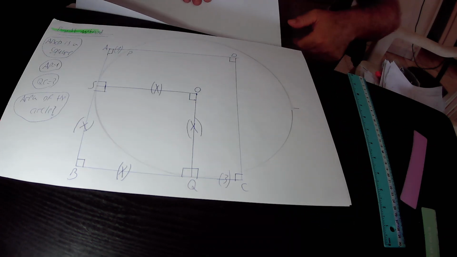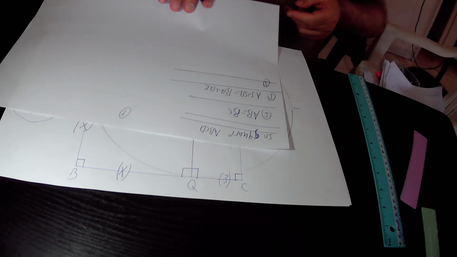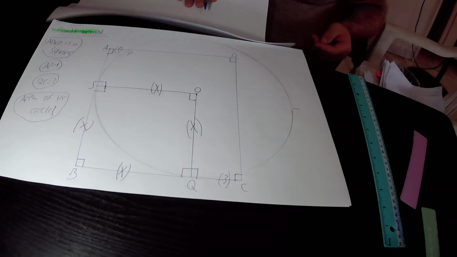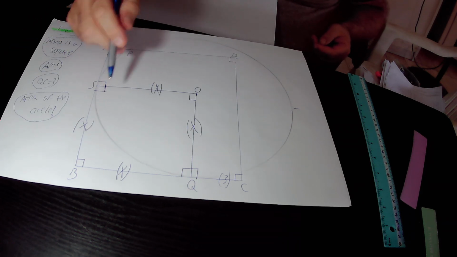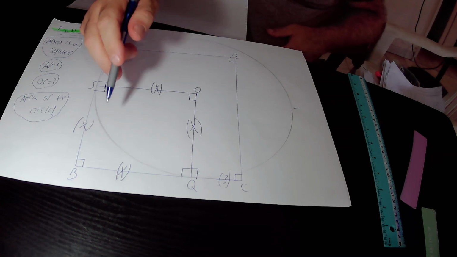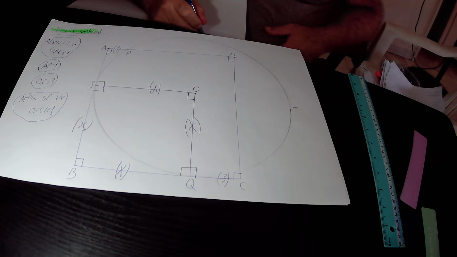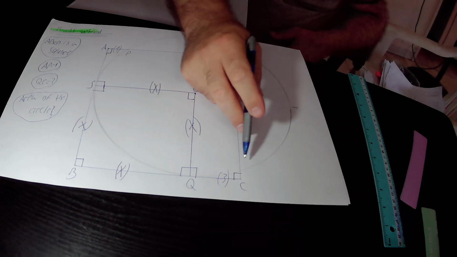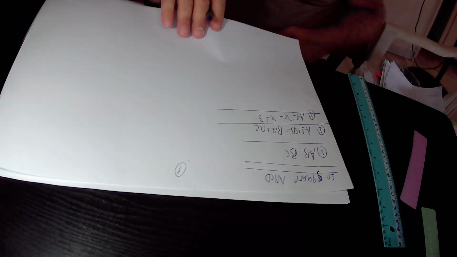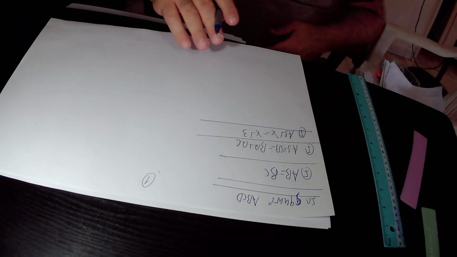AS is the missing side, so we leave it as it is, plus SB. SB equals x. And it is equal to BQ. BQ also equals x, plus QC. QC equals 3 units in its length according to what is given in the question. So in total, according to equation 1, AS plus x equals x plus 3.